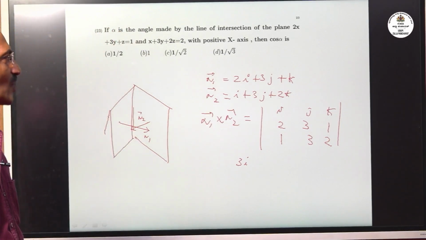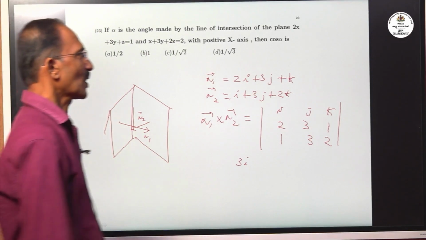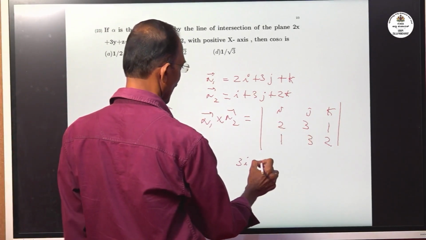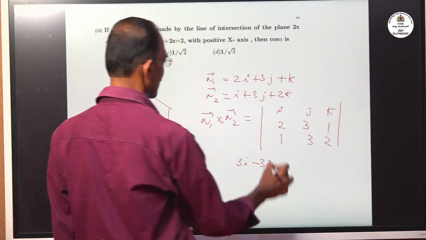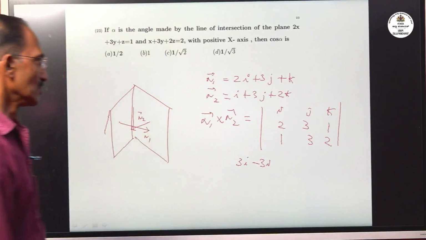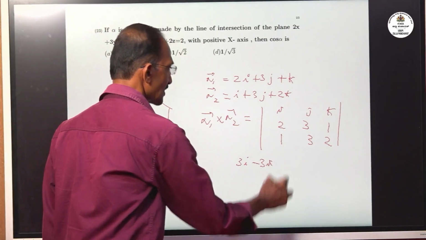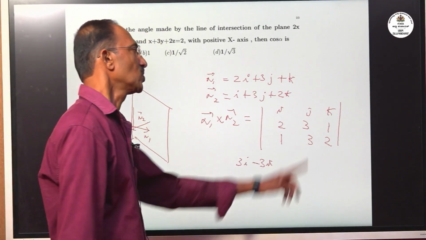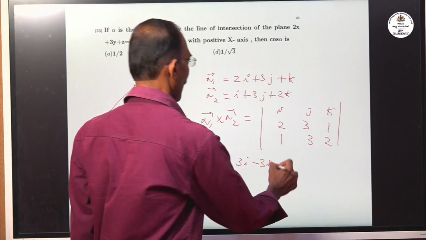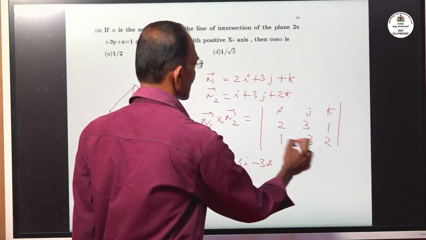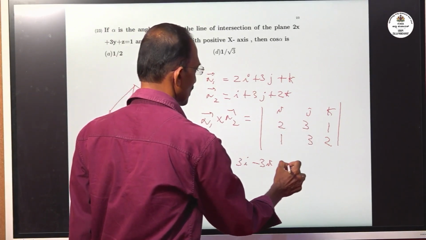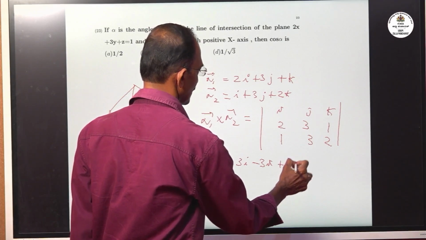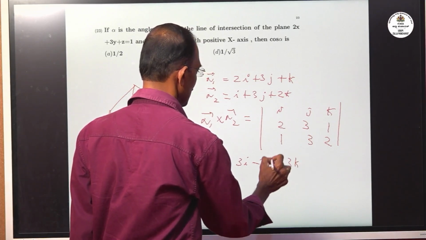So that is 6 minus 3, 3i, and j, that is with minus sign, that is 4 minus 1. So minus 4 minus 1 minus 3i, minus 3k, and k vector, that is 2 minus 3, 6 minus 3, that is equal to 3, k and j vector.